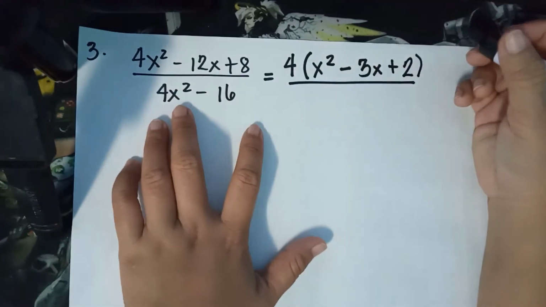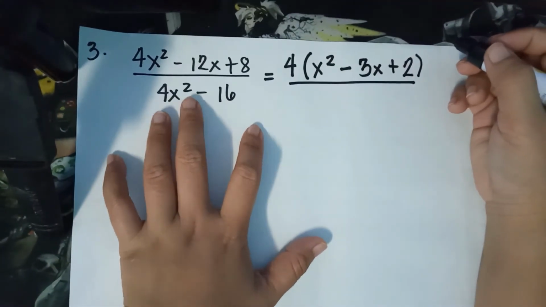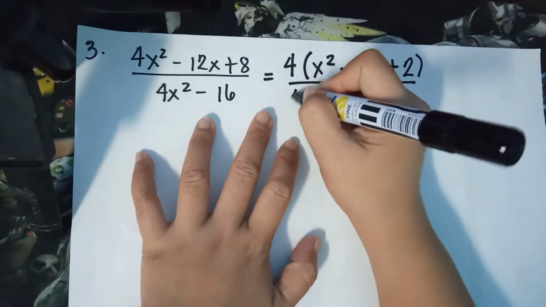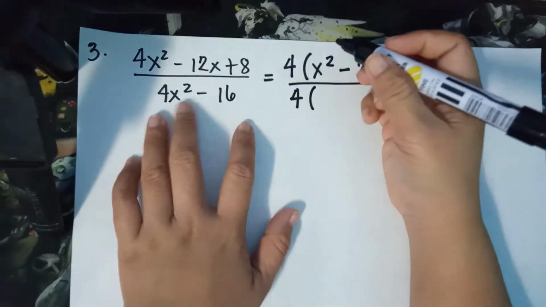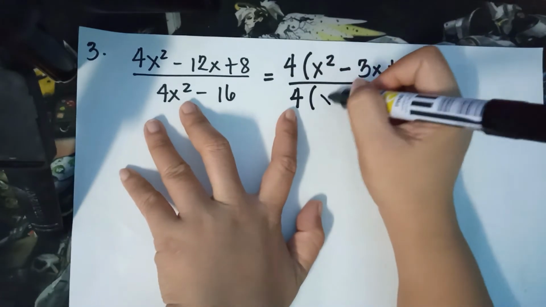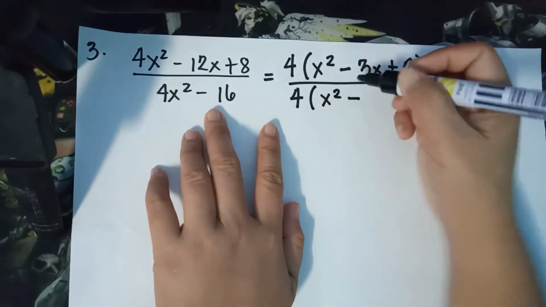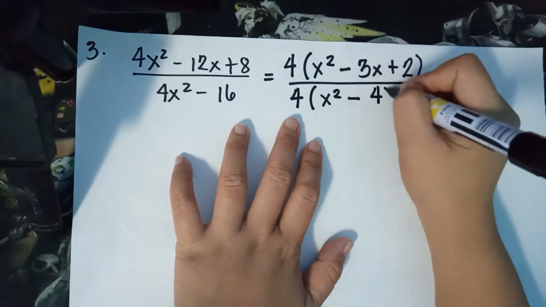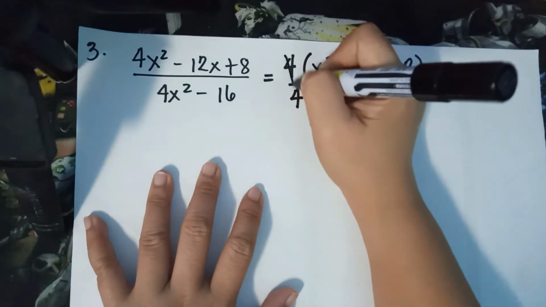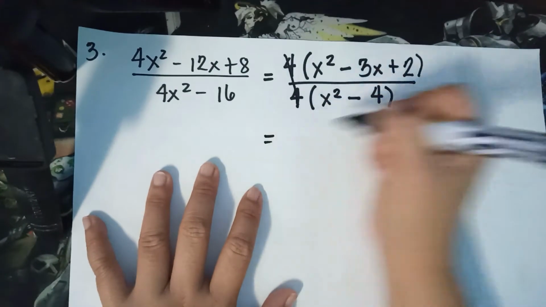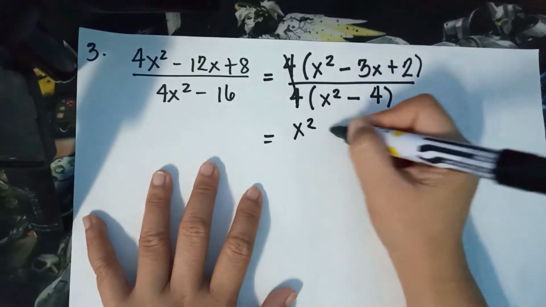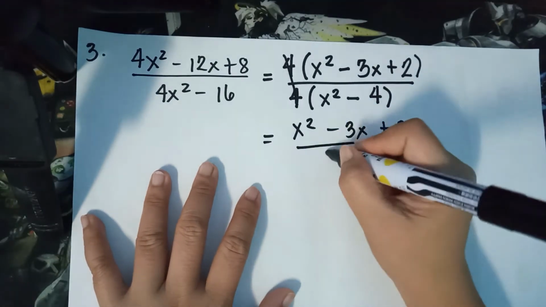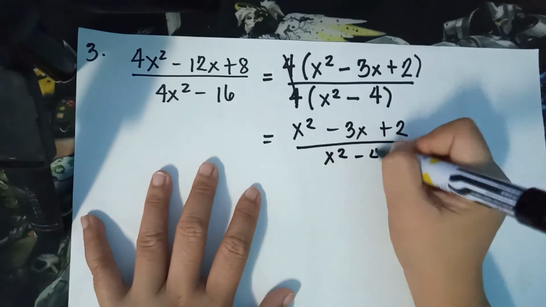Next, the common factor of 4x squared minus 16 is 4. 4x squared divided by 4 is x squared, minus 16 divided by 4, that is 4. And we will cancel out the 4. And we have x squared minus 3x plus 2 over x squared minus 4.